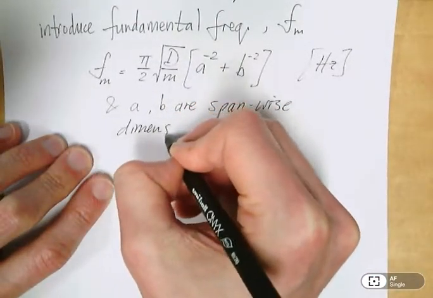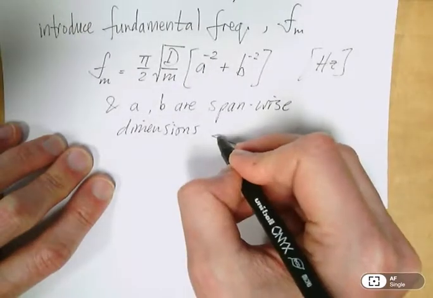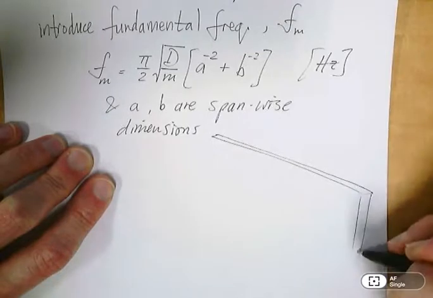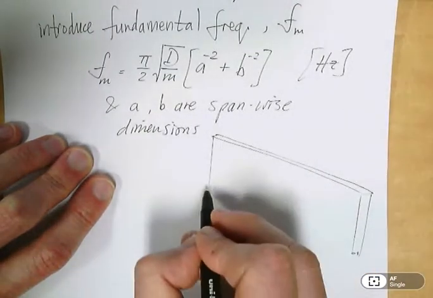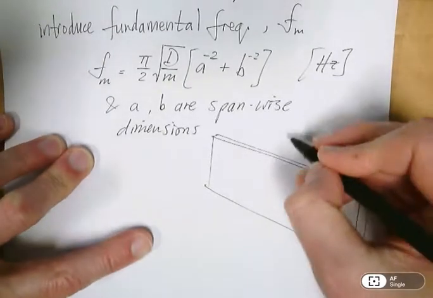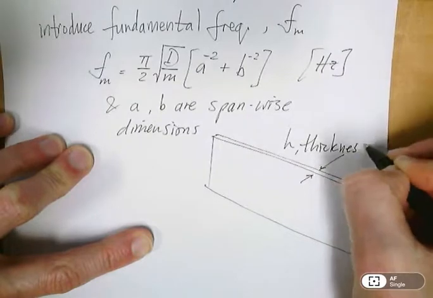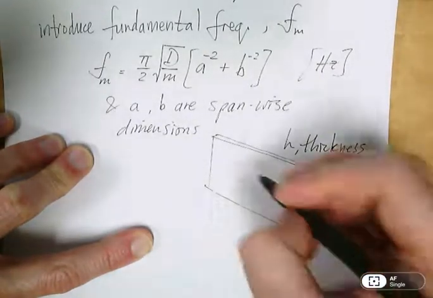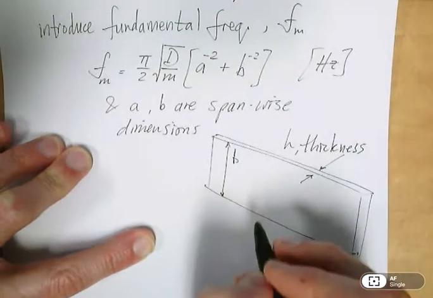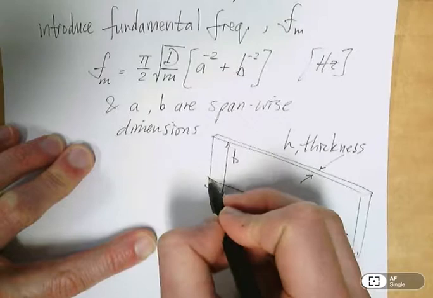So sketching this out, if we have that original thickness, h, and a and b can be noted as the height and width of the panel.